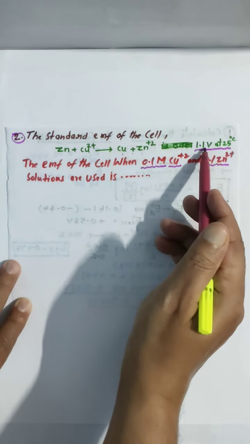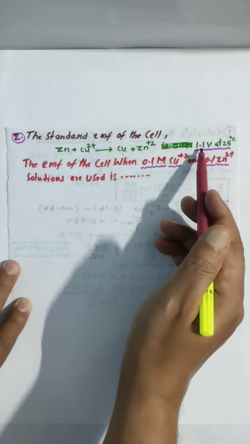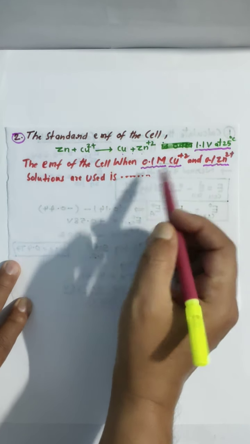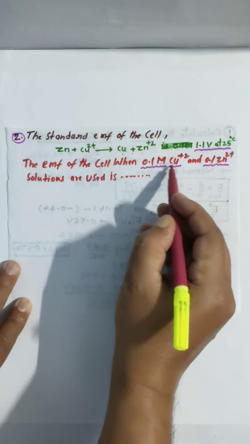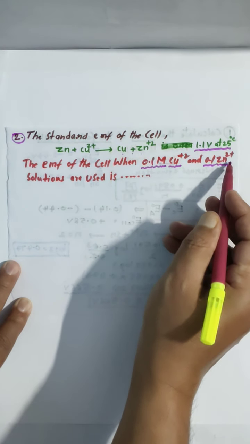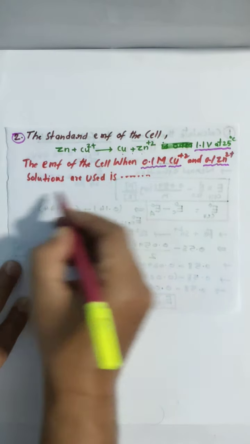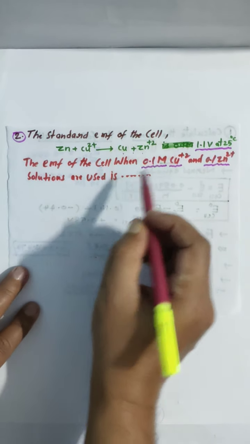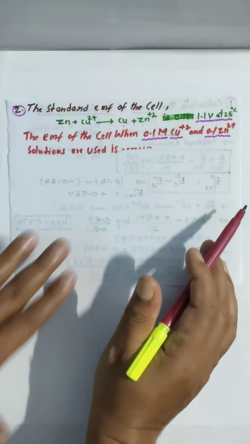So EMF is already given at standard condition, but at 0.1 M copper 2 plus and 0.1 M Zn2 plus concentration, at that concentration we have to calculate. So standard condition they gave and the given condition we have to calculate.